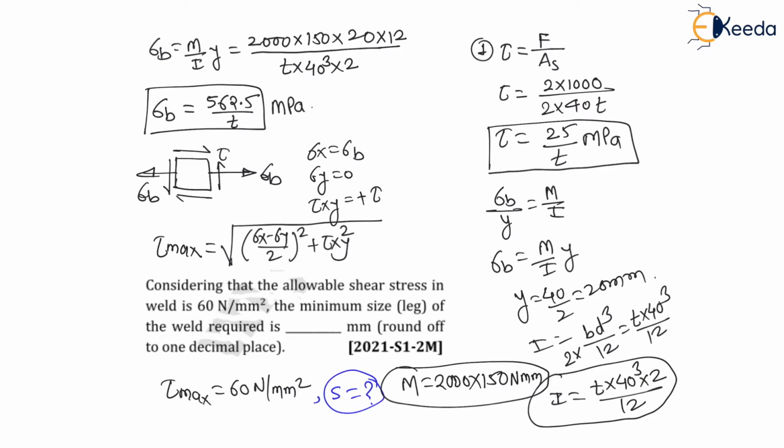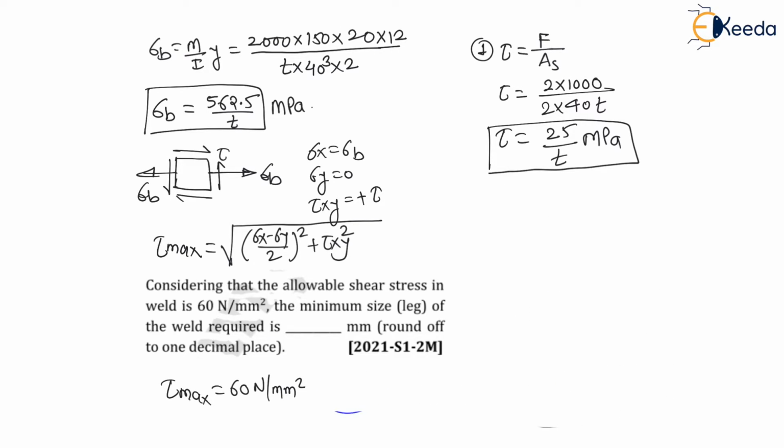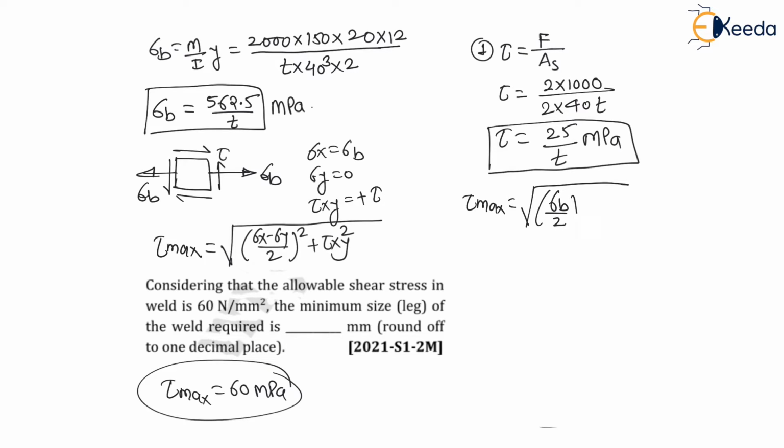So let us find this maximum shear stress, and here we will equate it with the given shear stress, right? So my dear students, the given maximum shear stress is 60 Newton per mm square, meaning 60 MPa. This is the given value. Therefore this maximum shear stress will be equal to the square root of sigma x, which is sigma b, minus sigma y, which is 0, divided by 2 whole square, plus tau xy, which is tau, square.